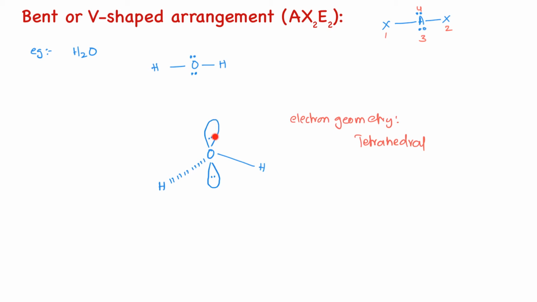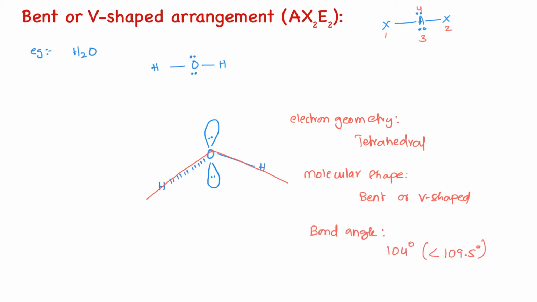However, 2 of the corners of the tetrahedron shape do not have atoms. Instead, we have lone pairs or non-bonding electron pairs. Therefore, the remaining shape looks like a bent shape, also called V shape. The bond angle of this shape is 104 degrees, which is less than 109.5 degrees, the ideal bond angle of a tetrahedron shape.